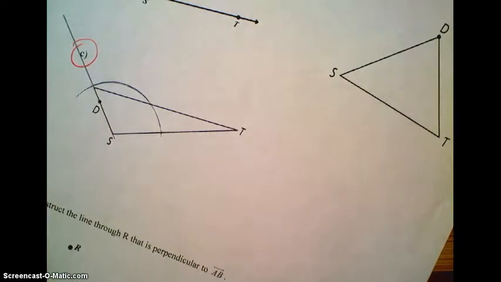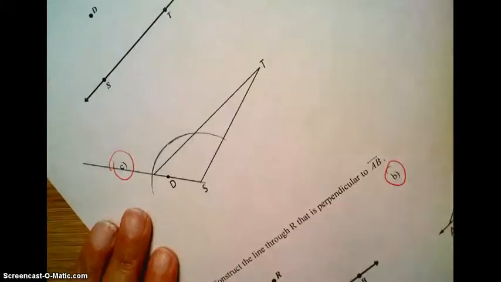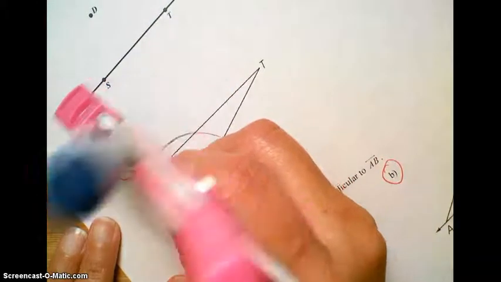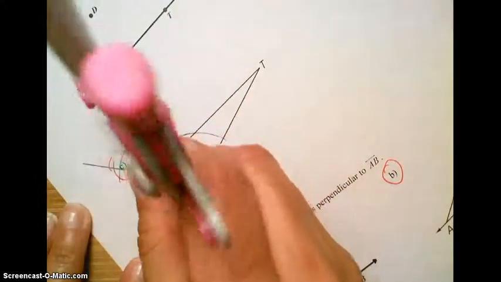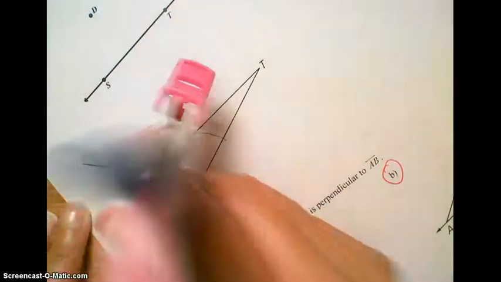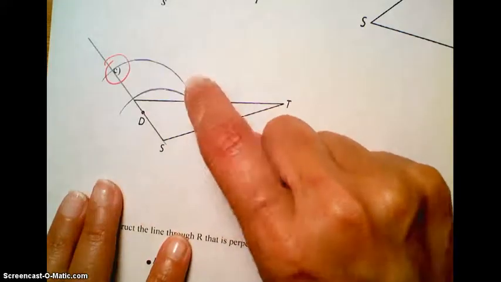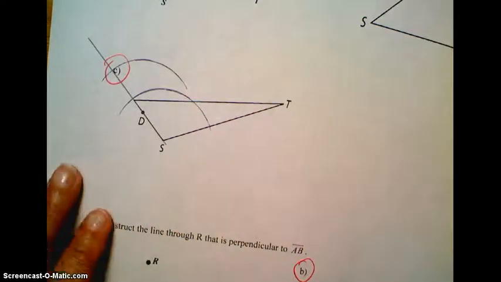The compass is still set to the original arc length, and so I now place the pointer on D and I draw an arc that crosses one side of my angle and ends up out here. Hopefully that will be long enough. I'm going to make that a little bit longer to make sure it works.